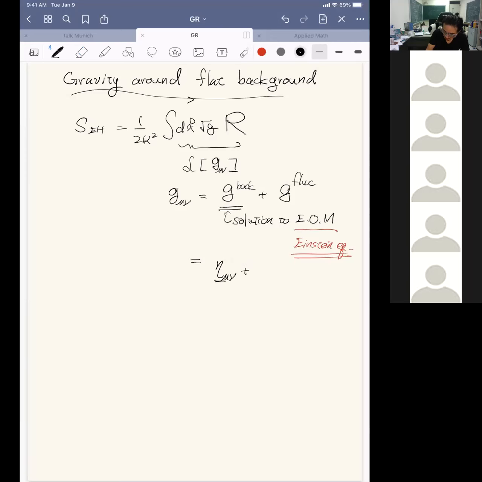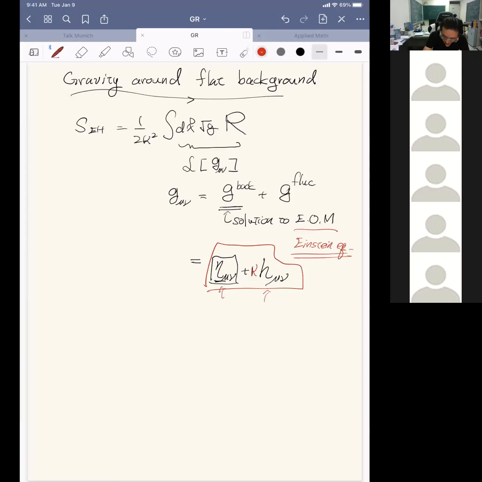So what we do is take the background to be the flat part, and then we add the fluctuation. I'm going to normalize this by kappa, for a reason you'll see shortly. This is the way you talk about perturbations in gravity: you have some background value and then you talk about the fluctuation.